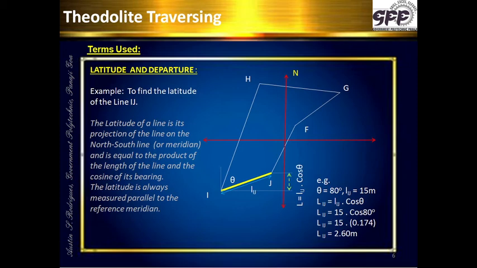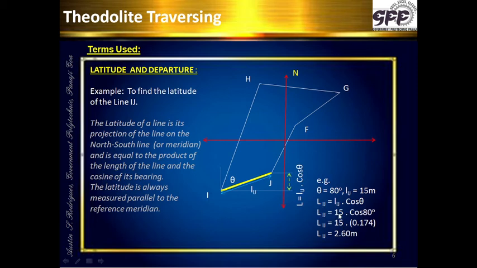Let us take another example, to find the latitude of the line IJ. In order to find it, we use the same principle again. The angle it makes with the vertical, this angle theta, is 80 degrees. The length of IJ is 15 meters. So the latitude of IJ, or the projection of IJ on the vertical axis, is equal to the length of IJ into cos theta.